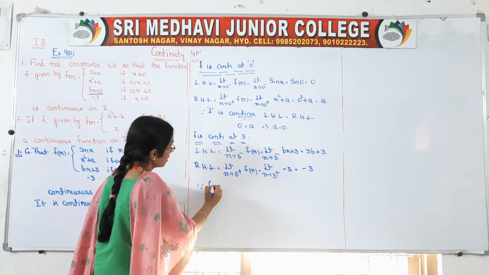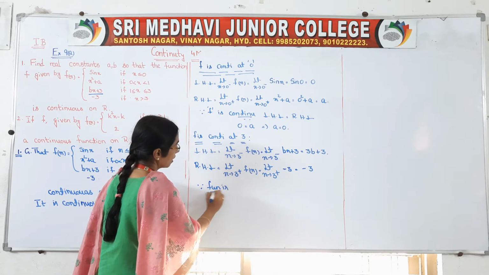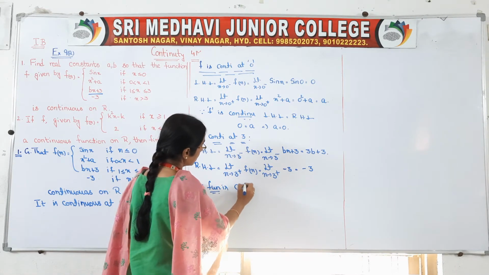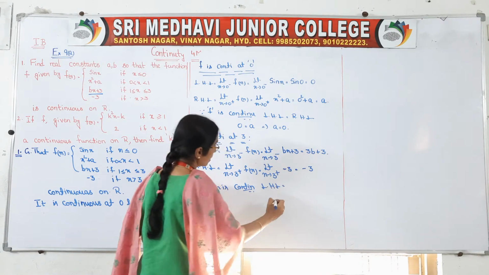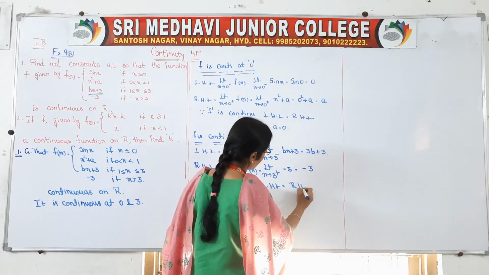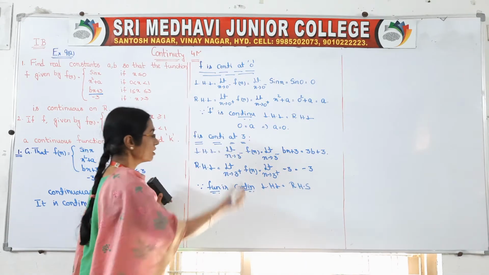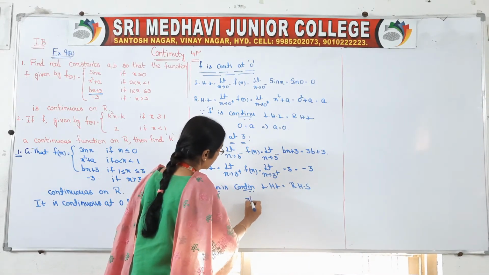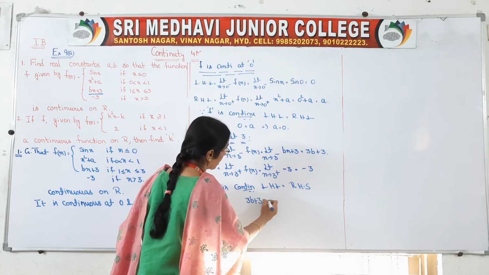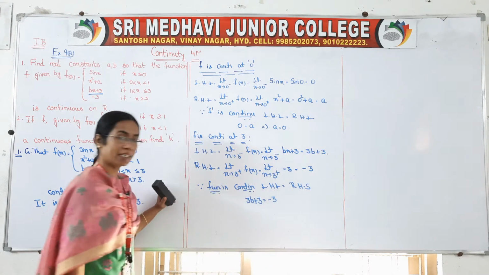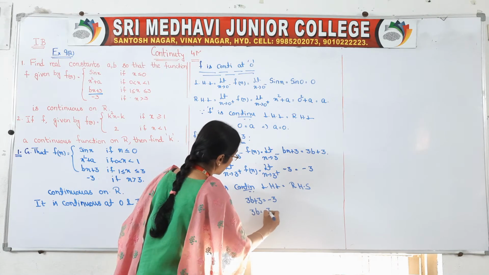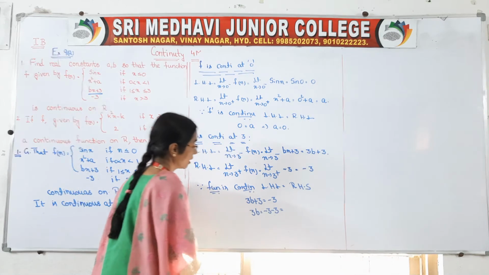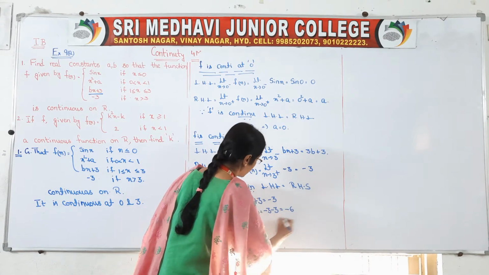Since the function is continuous, left hand limit is equal to right hand limit. So what is our left hand limit? It is 3b plus 3 is equal to minus 3. So 3b is equal to minus 3 minus 3, which is minus 6.